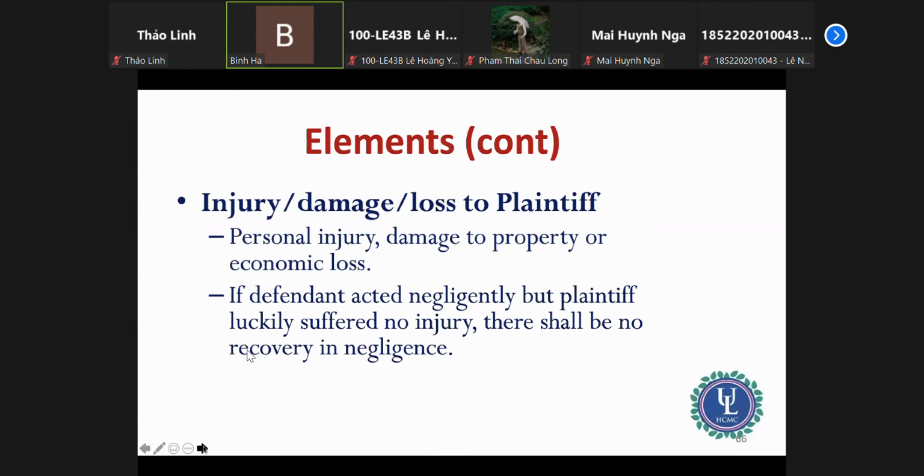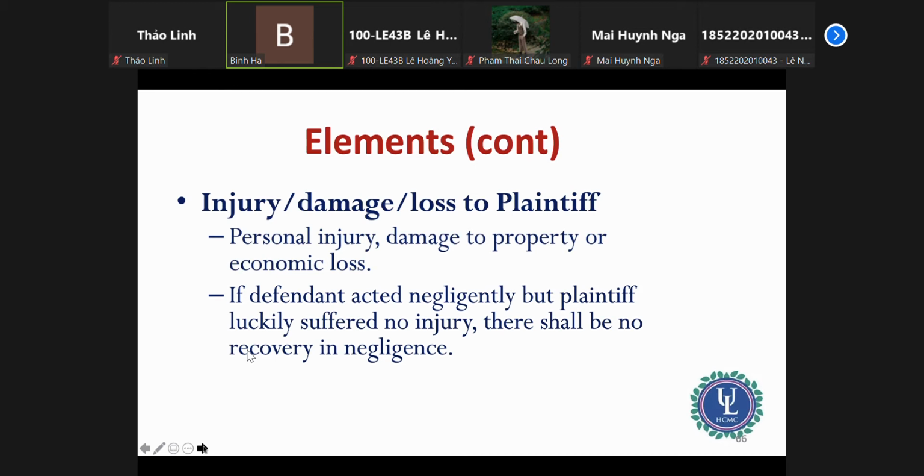So here is the slide talking about injury, damage, or loss to the plaintiffs. This is about question number 3 that we already discussed. I just want to repeat, the injuries could be personal injury, damage to properties, or economic loss. What does economic loss mean?